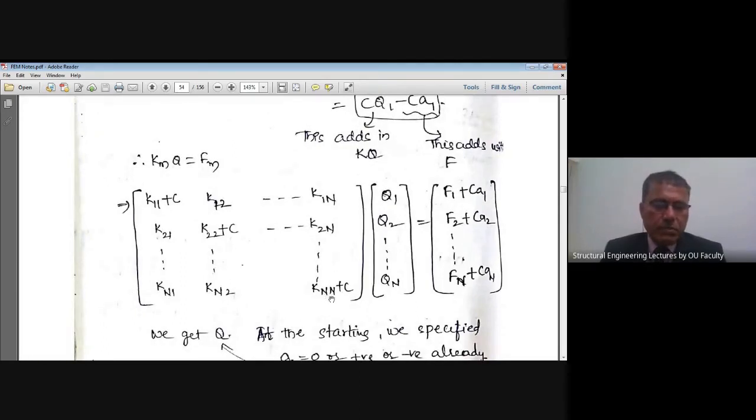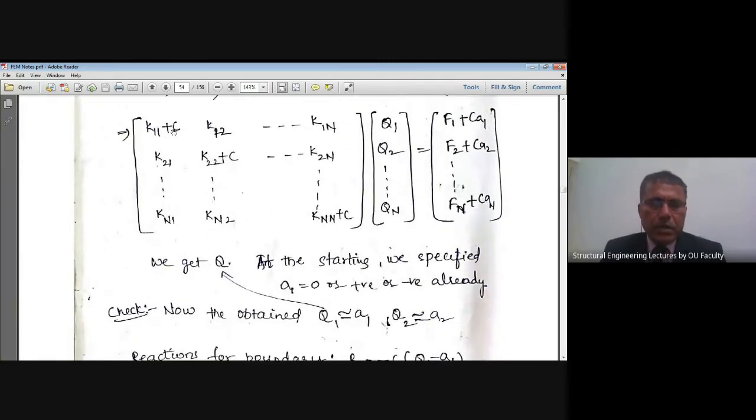Kn1, Kn2, up to Knn plus constant, plus constant because of that stiffness C, that operates upon this Q1, Q2, up to Qn, is equal to Fn plus C multiplied by An, which is already known.